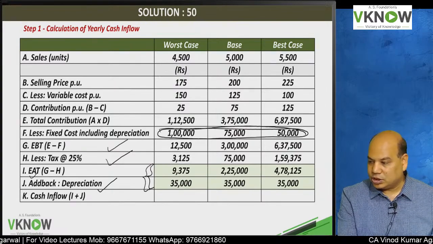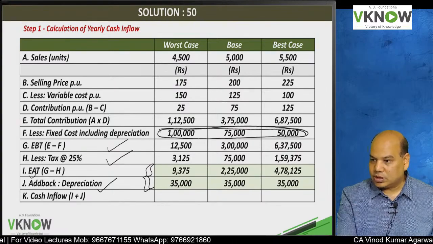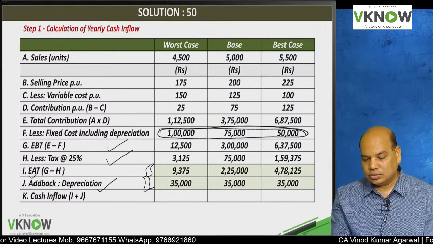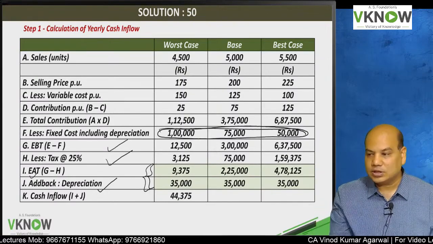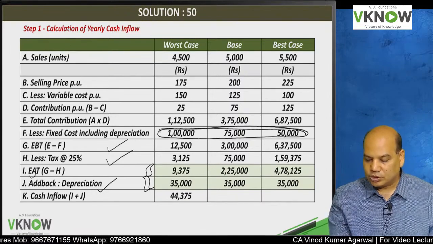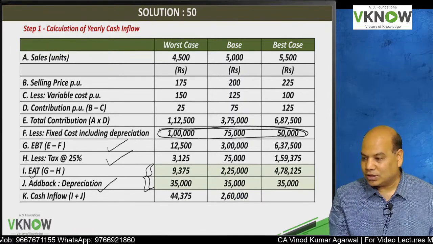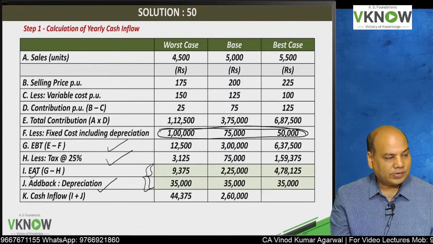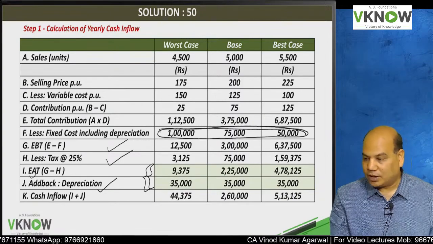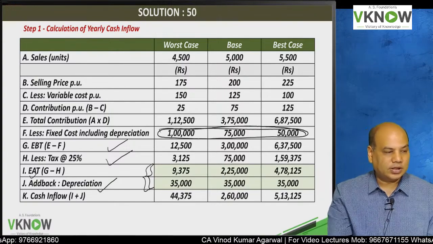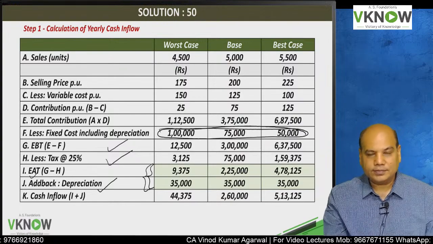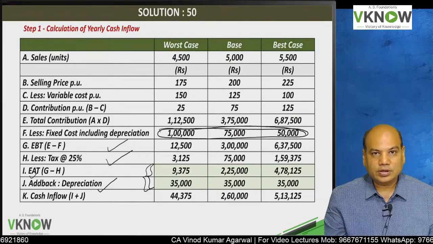Cash inflow will be equal to I plus J. 44,375. Without calculator you can do it. 2,60,000, 2,60,000 and 5,13,125. Is it right now?